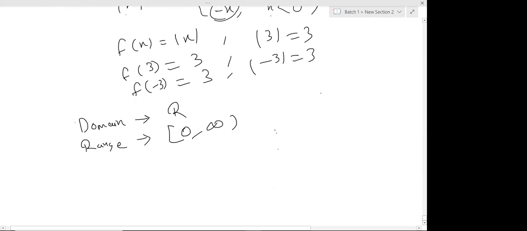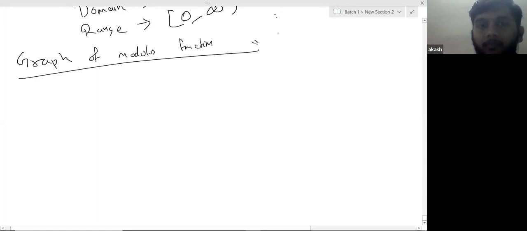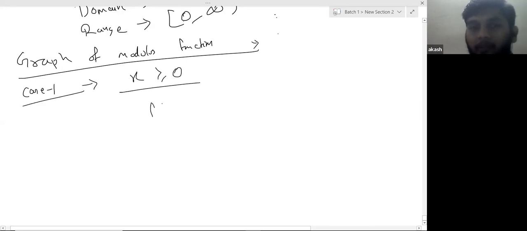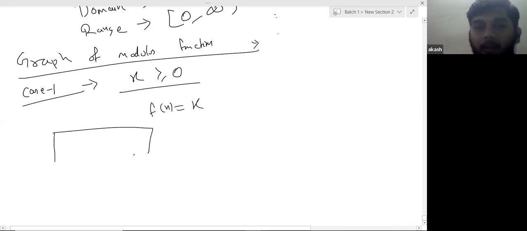All right. So graph of modulus function. Let's take case 1 where x is positive. So f of x equals to x. So we know how to draw a graph. Let's make a table.